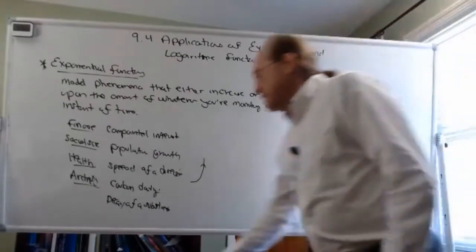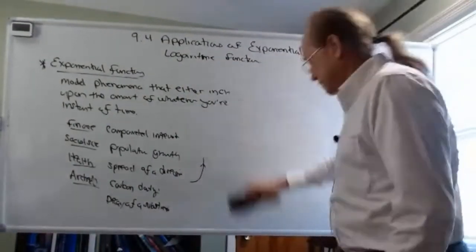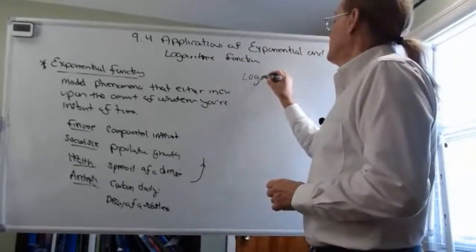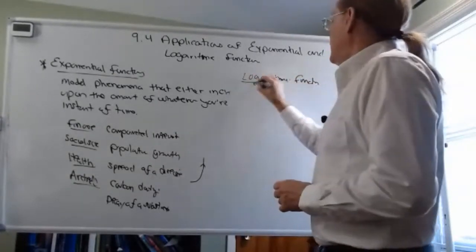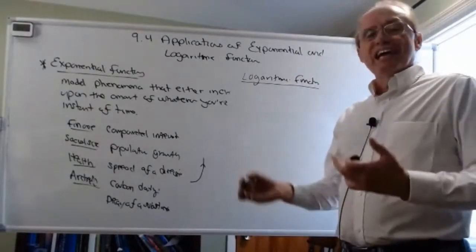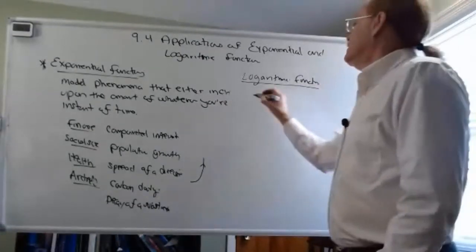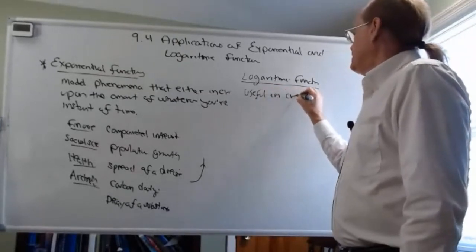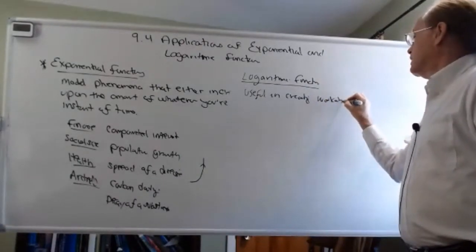And the other type is a logarithmic function. And what can this be used for? Well, this is used to create scales for either large or very small quantities. It's useful, one of its many properties, in creating workable scales.